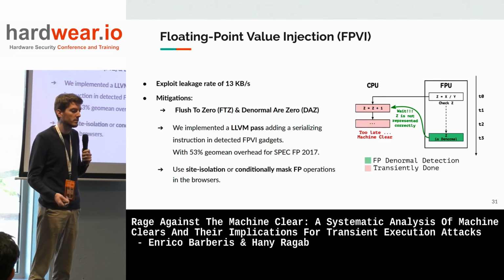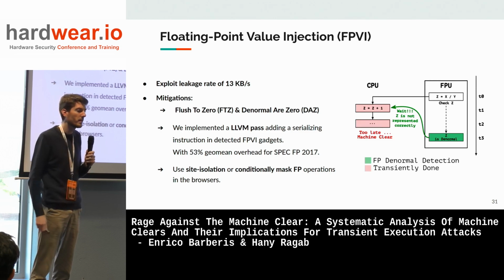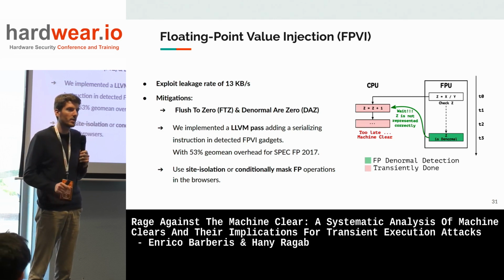Well, actually, the concrete solutions that browser vendors used are either site isolation, so you cannot leak outside your process memory, and Firefox actually implemented a mitigation where whenever you do a floating point operation, they mask the upper bits, so they ensure that even transiently you cannot generate non-boxed variables.